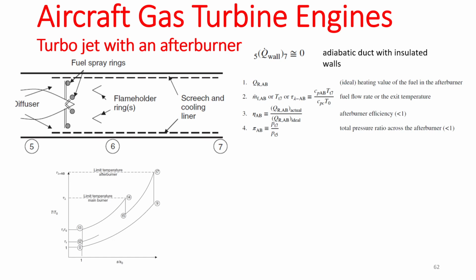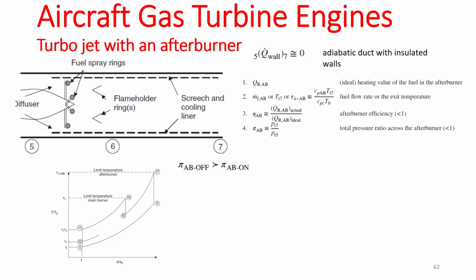Are there any questions so far? No? Just have to keep in mind that the pressure ratio when the afterburner is off is always larger than the pressure ratio when the afterburner is on.